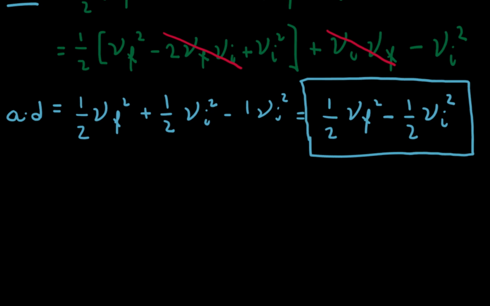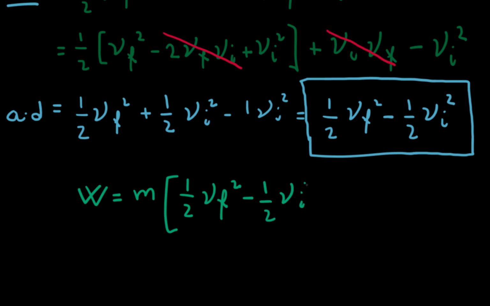So let me actually write work then in the full form. If you look back at what work is and what we have now, what you will end up with is that work is mass times everything we got here, 1/2 velocity final squared minus 1/2 velocity initial squared.